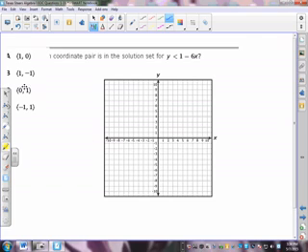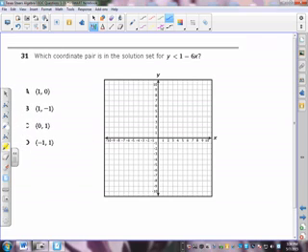Okay, and last problem in tonight's homework. Which of these pairs is in the solution for this line? First of all, I'm going to rewrite this line with the slope first and the y-intercept second. So the y-intercept is 1. Your rate of change is -6.